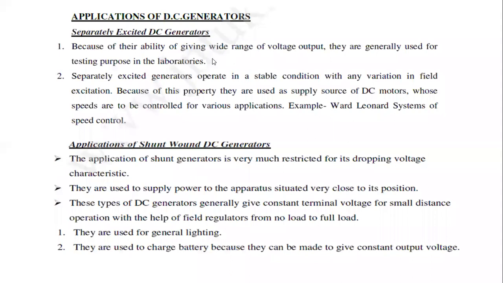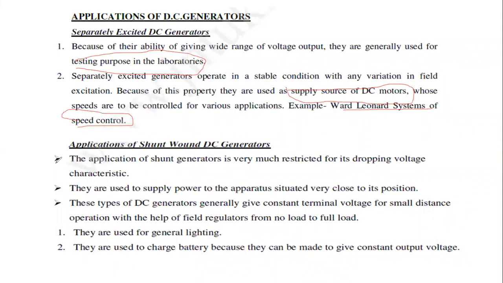Because of its ability to give a wide range of voltage output, it is generally used for testing purposes in laboratories. It is also used as the supply source for DC motors in the Ward-Leonard system of speed control, as input for DC motors and Ward-Leonard speed applications.